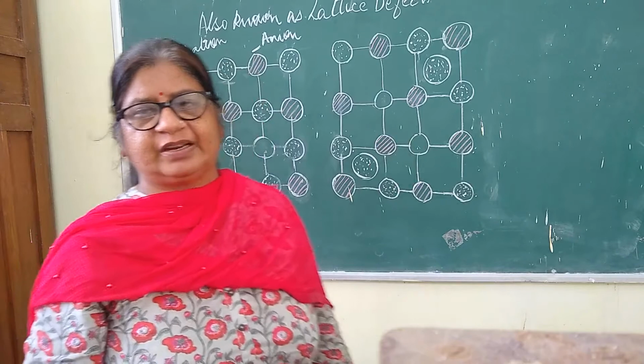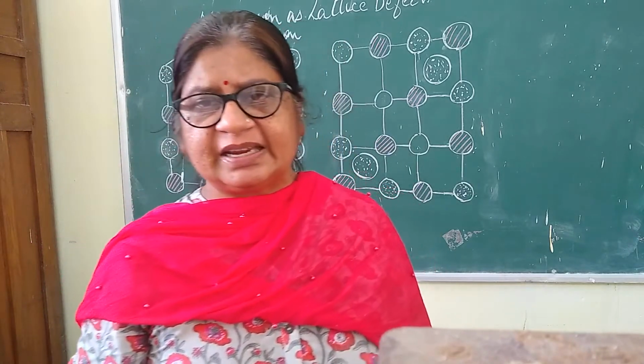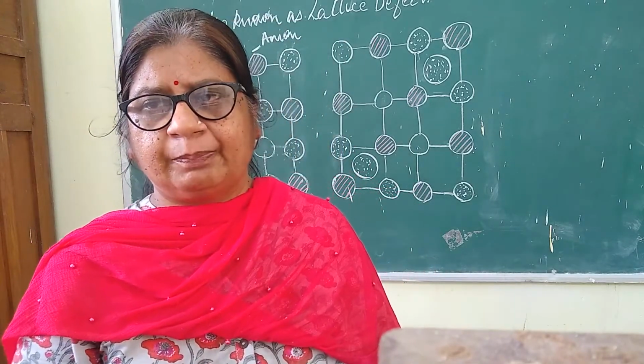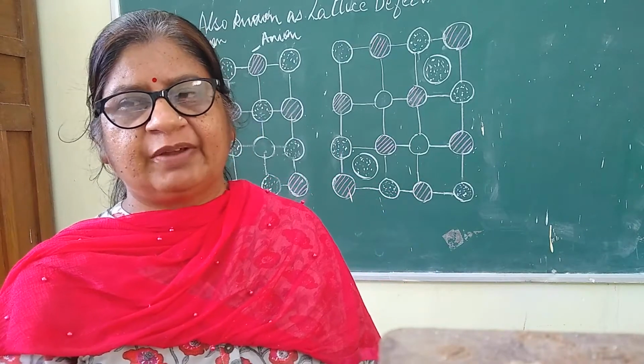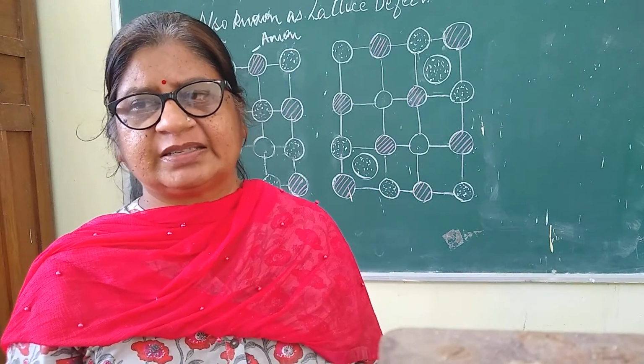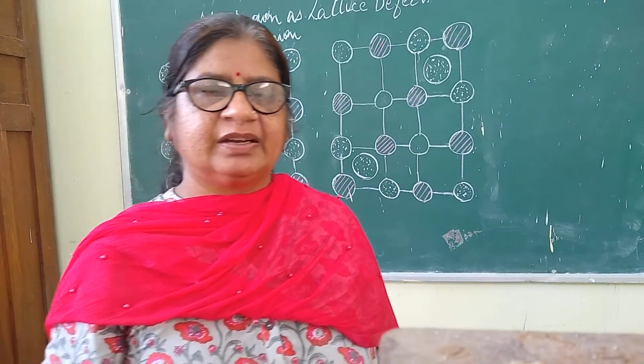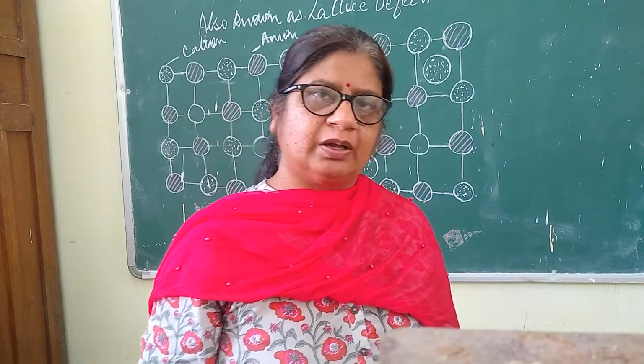Such type of defect is seen in the compounds which have different sizes. Generally here, the cation is smaller than the anion.